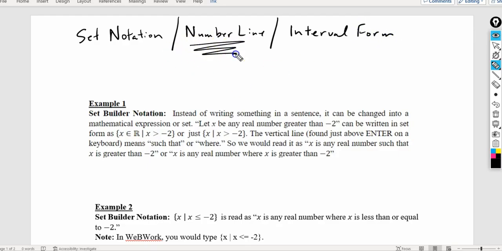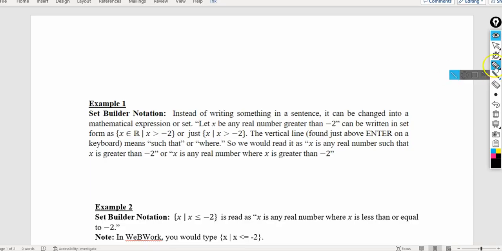Now, the number line is the easiest one to see, but because it's not something you can just type in from your keypad, it's not going to be used for you to input an answer or as one of the multiple choice selections. But we don't want to leave this middle step out, because if you're not used to interval notation, if you can get it in the number line notation, then you can read the number line off from left to right and get it into interval form.